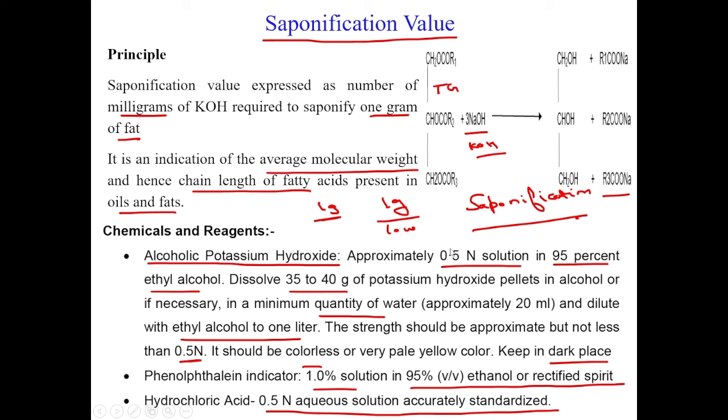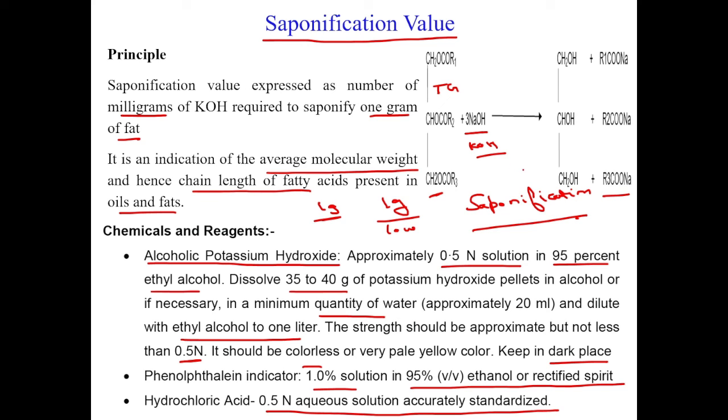What is actually happening in the blank is that the triglyceride won't be there, so all the alkali remains and is titrated with the 0.5 normal HCl. But if the sample is present, then saponification will happen and some of the KOH will be used, and the remaining KOH will be determined using the 0.5 normal aqueous HCl. So in the sample we are calculating the remaining one.